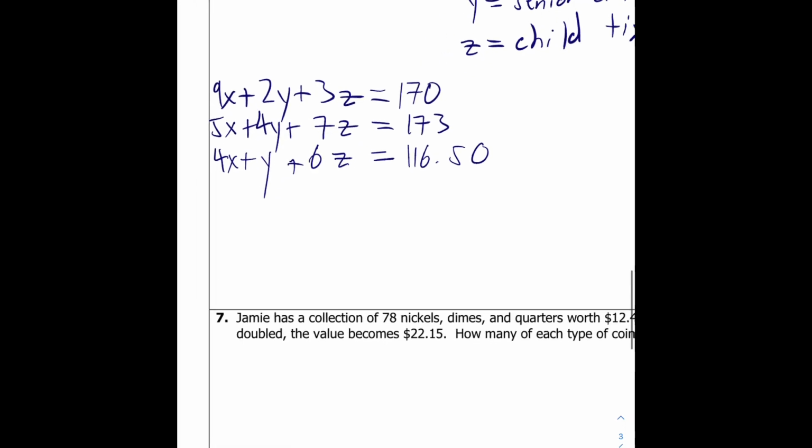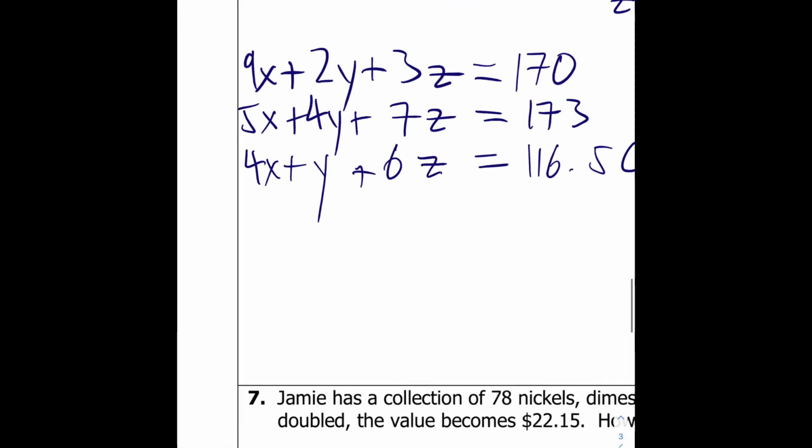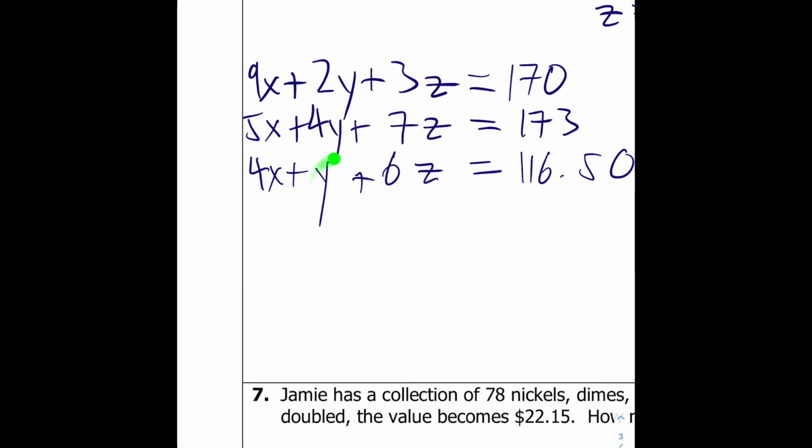They wanted us to find the cost of each type of ticket, so we just have to solve this for x, y, and z. I'm going to eliminate y since I've got a 1y here. I just have to multiply by -4 to cancel with the middle equation, or multiply by -2 to cancel with the top.